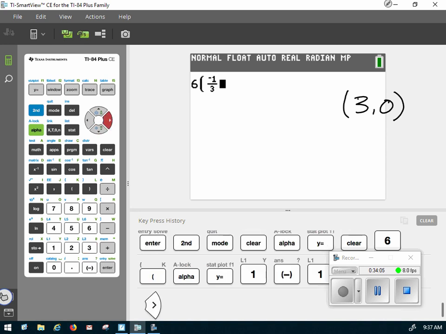Right arrow out of the fraction. Close your parentheses. And then raise to the what power? 4th power. Raise to the 4th power. And then get out of there. And then go ahead and finish it.